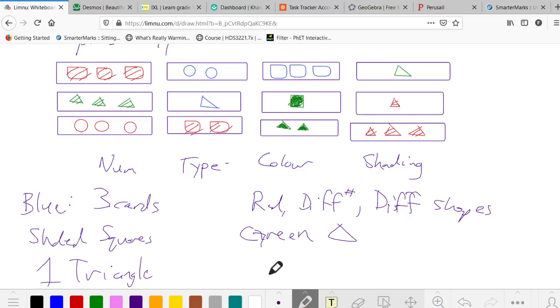And then finally, let's see, if we do 3 red, all shaded, but with different numbers in them. So not necessarily different shapes, so that eliminates the 3 circles.